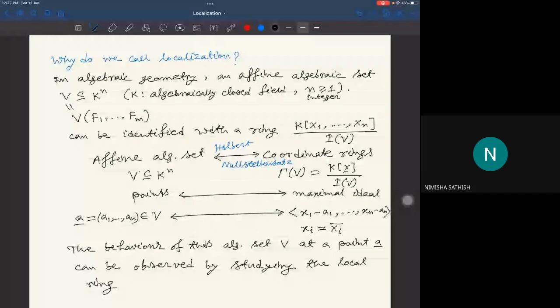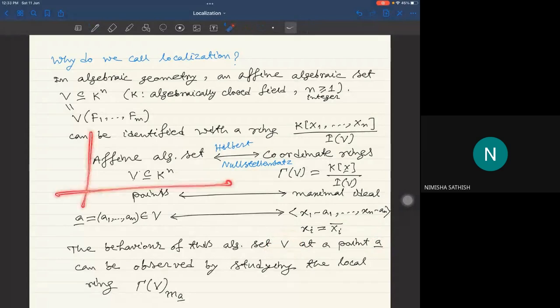You consider this coordinate ring, and corresponding to this point a, you have this maximal ideal. You just localize this coordinate ring at that maximal ideal. Many properties of this algebraic set, or of a curve like this, can be studied locally.